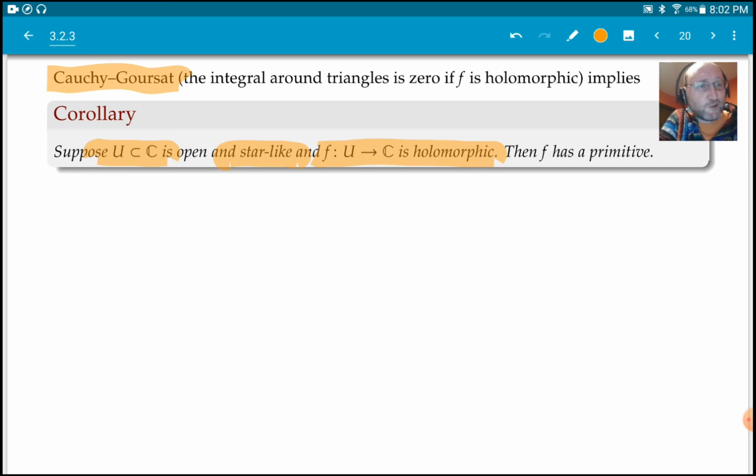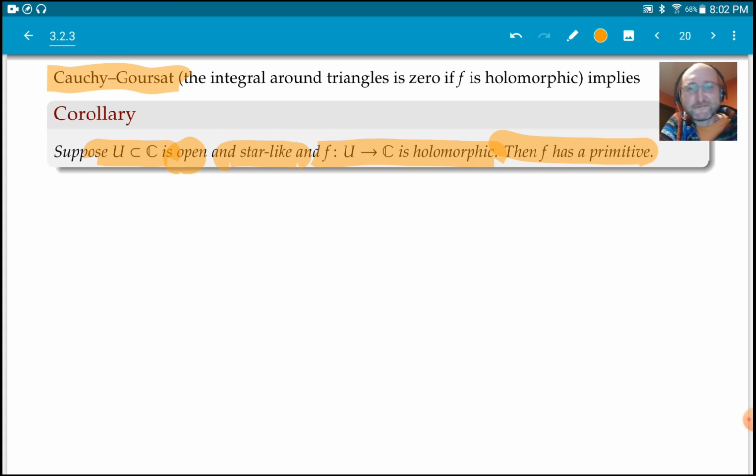F being holomorphic implies that the integral around triangles is 0, so we can apply the proposition that says that F has a primitive, right? This capital F exists. So for any star-like domain, and I keep saying domain, even though I say open here, but once it's star-like, it's going to be connected.